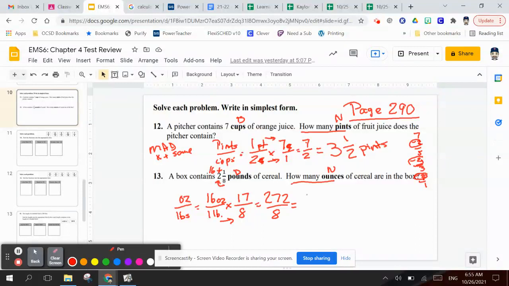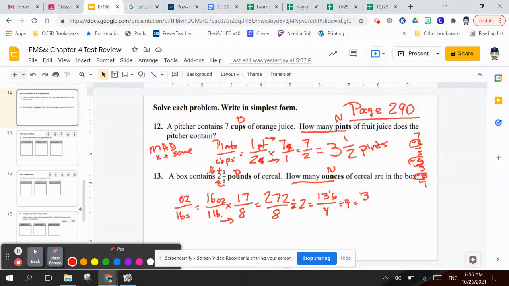So to put that in simplest form, I know both of those are even, so I'm going to divide this by 2. 2 goes into 2 once, 2 goes into 7 3 times, 2 goes into 12 6 times. 2 goes into 8 4 times. Well, again, I know 4 is a factor, so I'm going to divide each by 4. 136 divided by 4. 4 goes into 13 3 times.